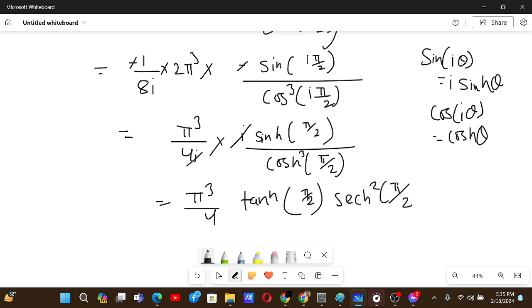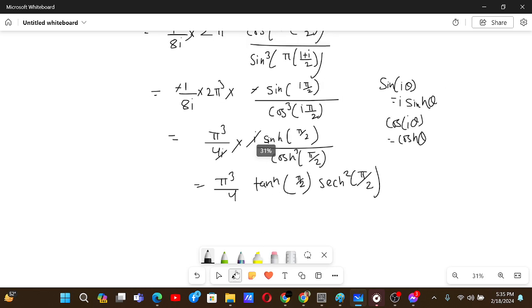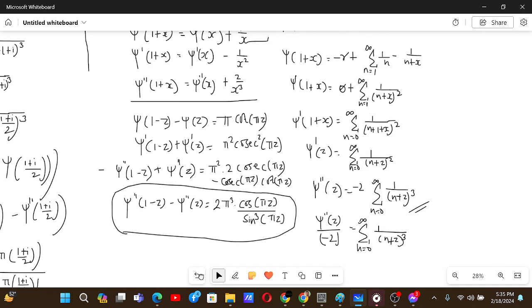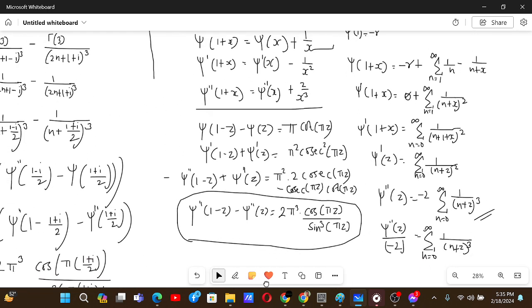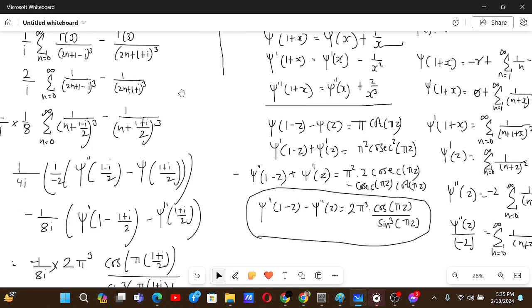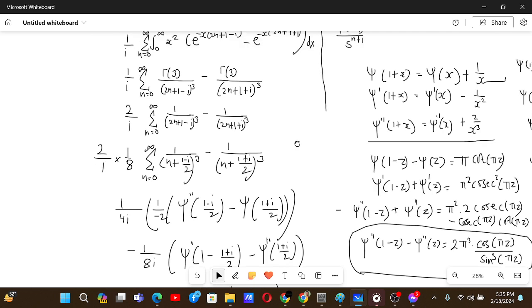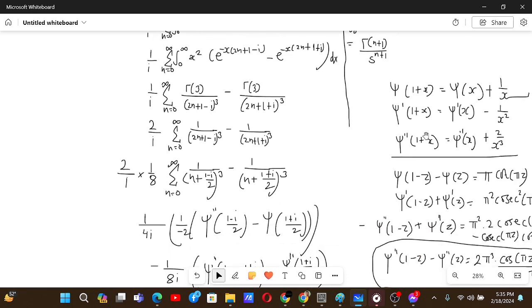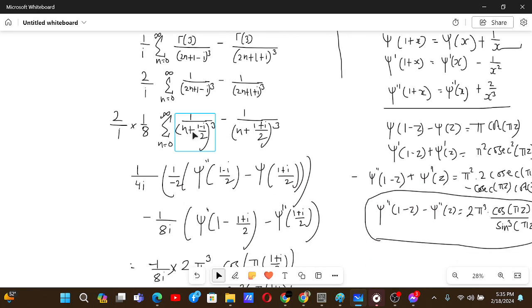Let me check if this is the correct answer or not. Pi cube by 4, tanh pi by 2, sech square pi by 2. Yeah. So we solved this problem. This problem was really easy. No, no, it wasn't really that easy because we needed these sorts of cool stuff. But after having this tool, no doubt it's not too hard either. But if someone doesn't have those tools of quad gamma, then how on earth will you evaluate such sums involving cube?